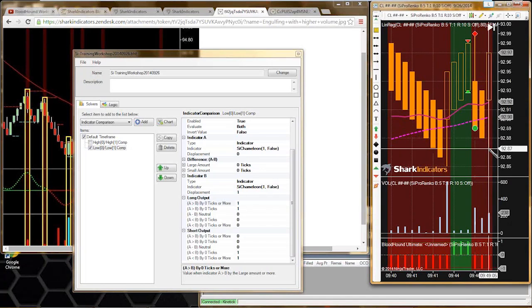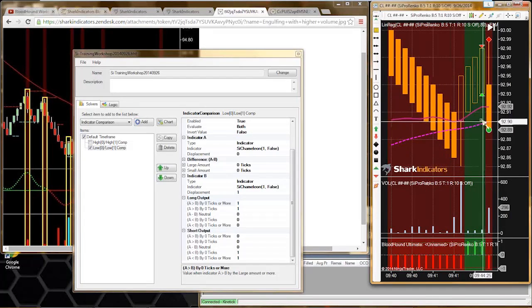We want something like this, actually. Let me slide this back over. There we go. Right, so we want this low price to be lower than 1 bar back, like so.